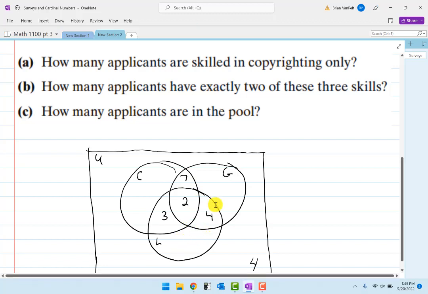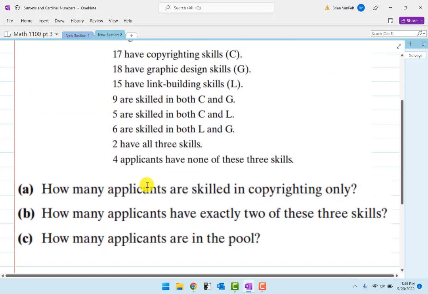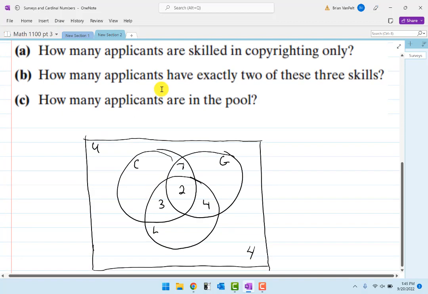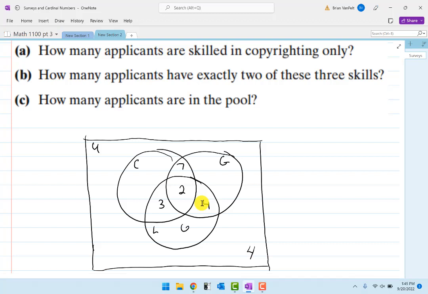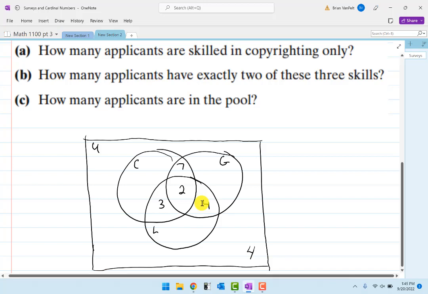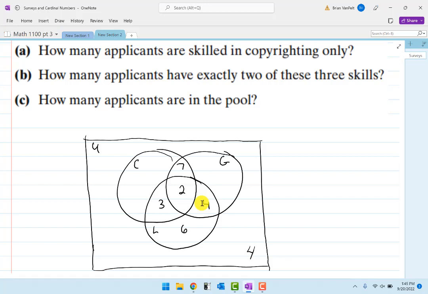Now we're left with filling out these regions here. Now come back up. 15 can do L. So let's take a look at L. 15 can do the entire L circle, but if you'll notice, I already have 9 people accounted for in L. That must leave 6 left over, since the whole thing is supposed to add up to a total of 15.